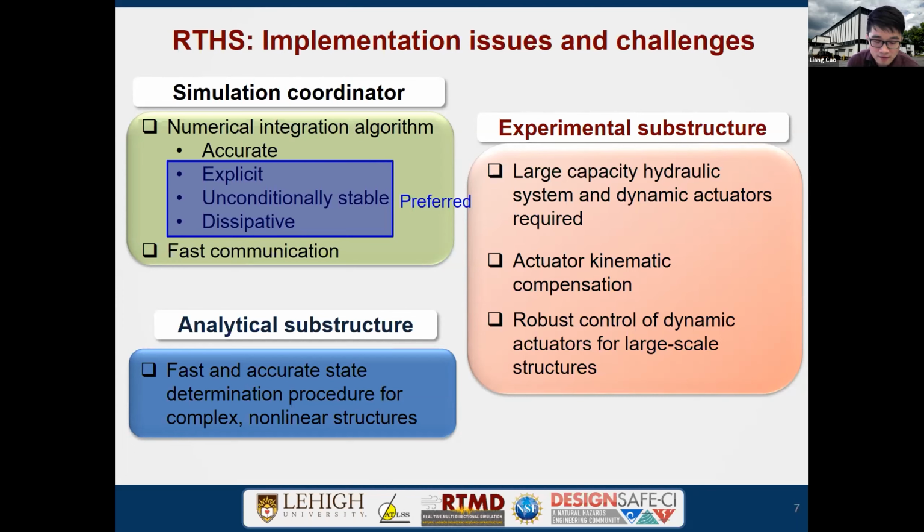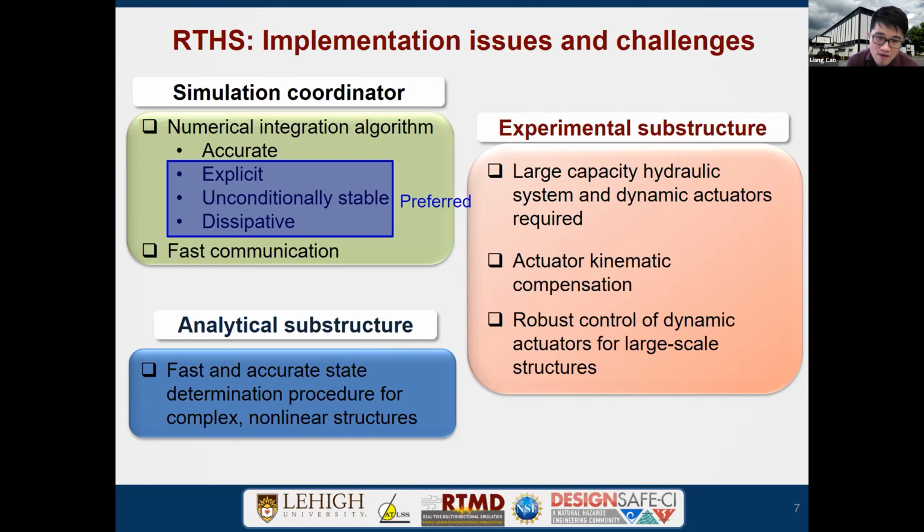The implicit scheme also depends on the next step. The reason we prefer explicit schemes is that implicit schemes require iterations. Sometimes if you cannot converge in each time step, you are not able to produce an accurate response. You cannot even do the hybrid simulation.